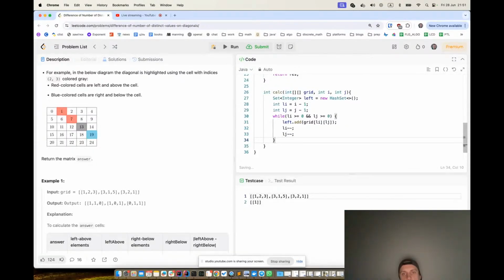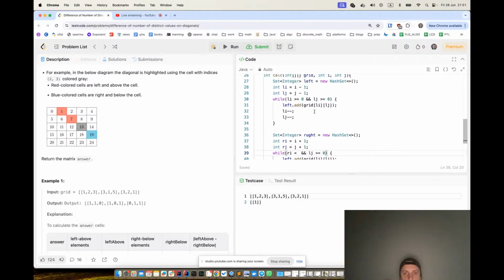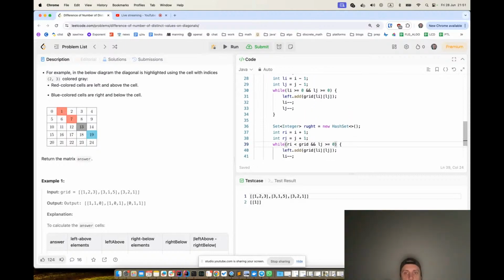All right, so here we collect left, and also we have to collect right. So we implement right, so it would be ri, rj, but now we would do plus, and here ri should be less than grid length, and rj should be less than grid length.